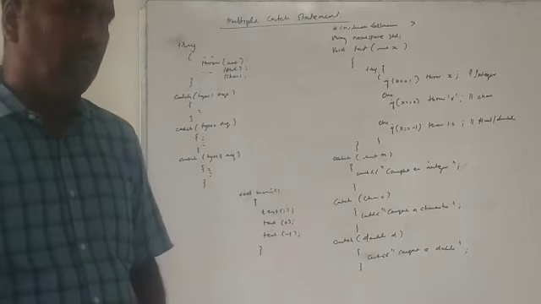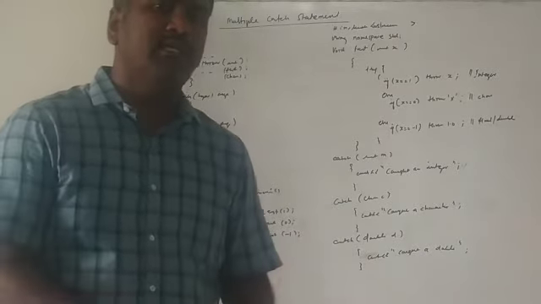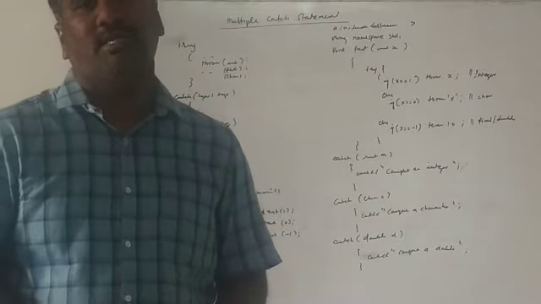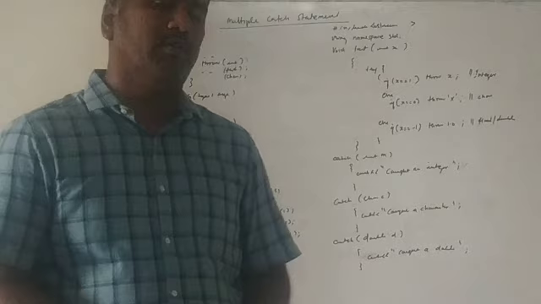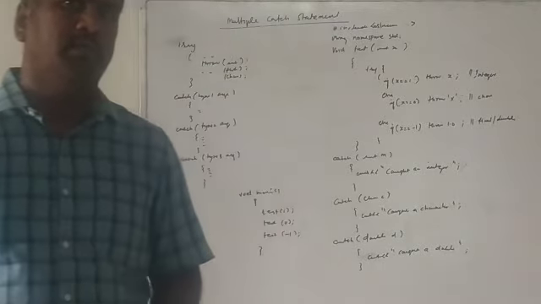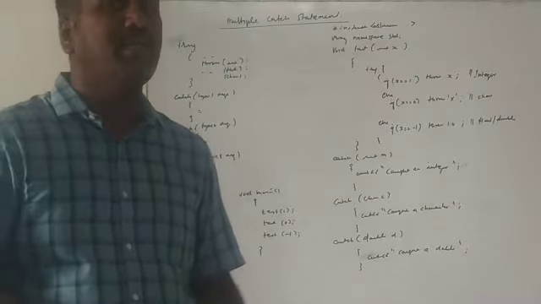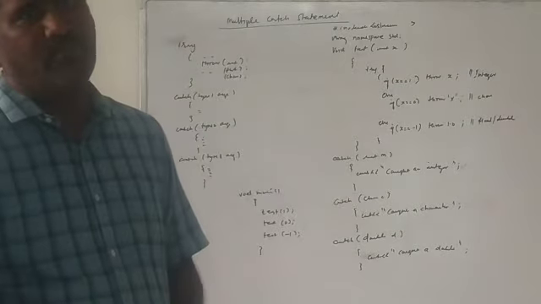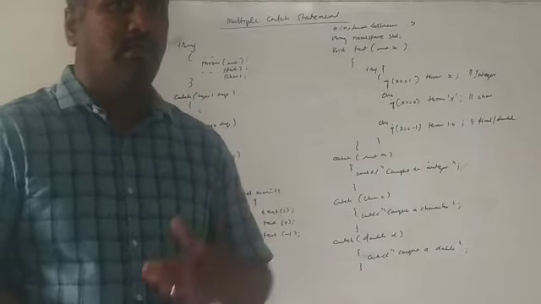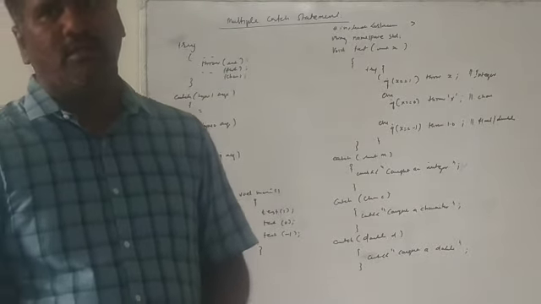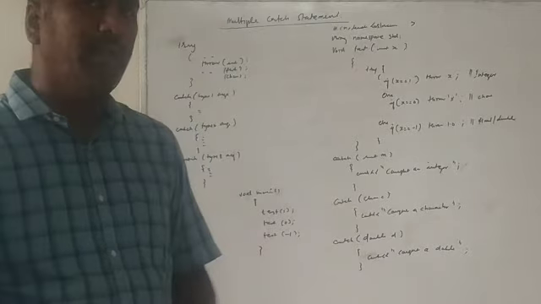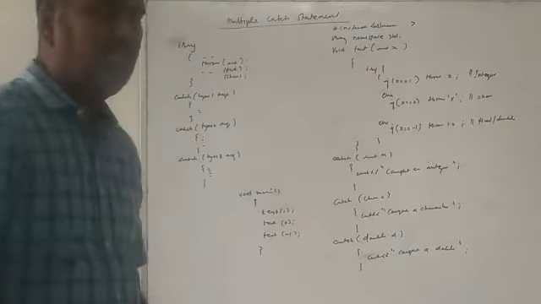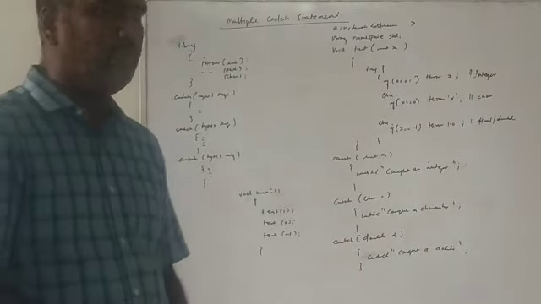Suppose we encounter many exceptions at the time of program execution, many kinds of exceptions are produced. To handle that many exceptions, you need multiple catch statements. So here is the example of a multiple catch statement program.